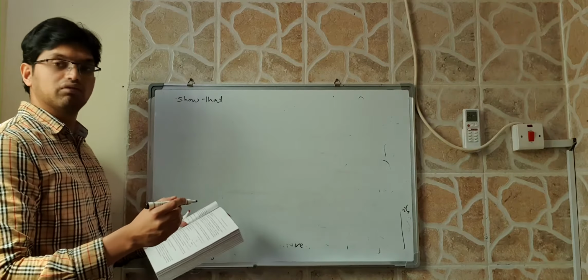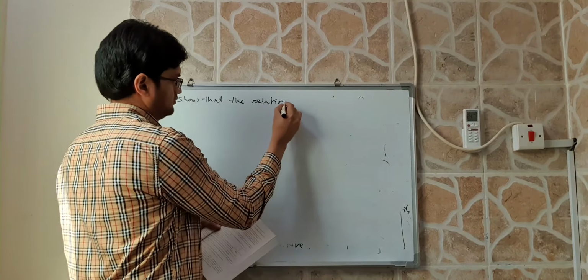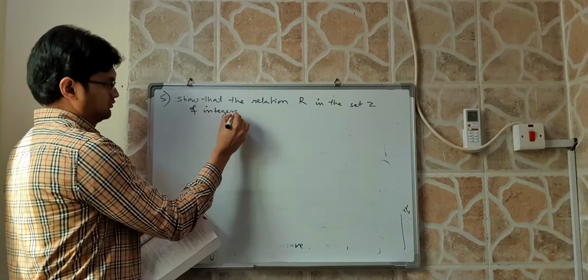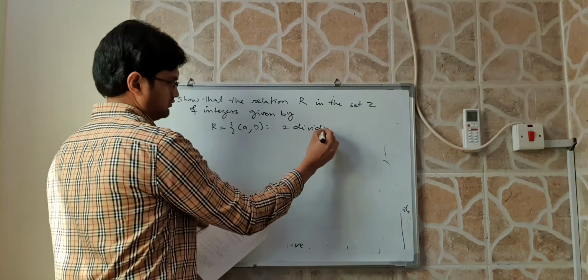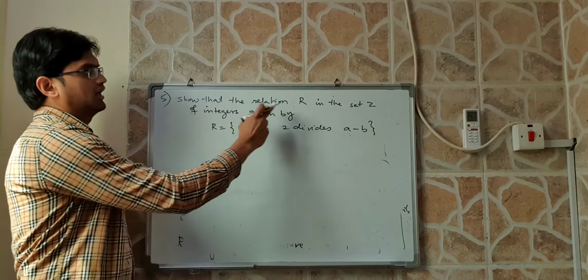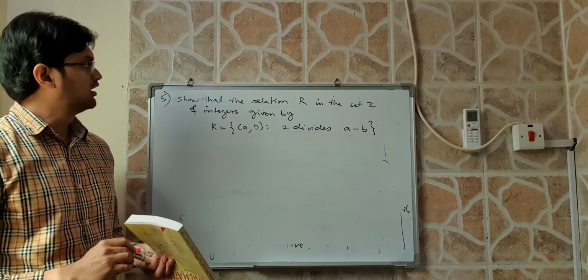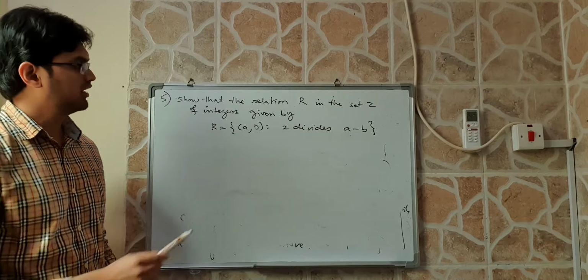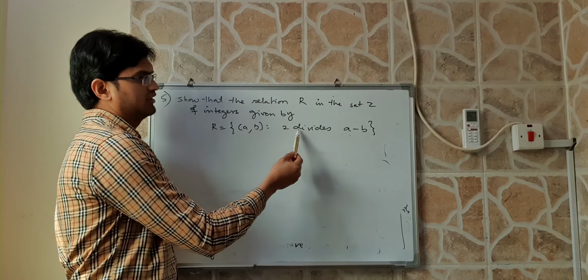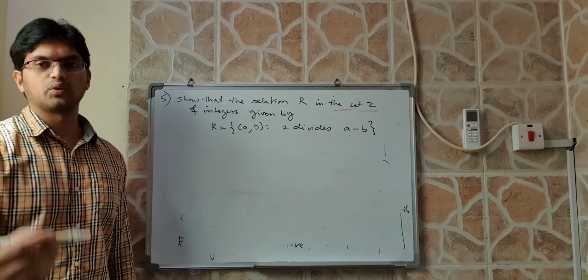This is example 5. Show that the relation R in the set Z of integers, given by (a, b) such that 2 divides a minus b, is an equivalence relation.